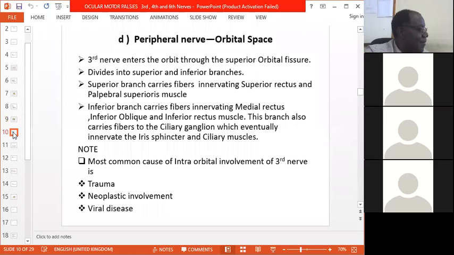Crossing each other. Some are not crossed, some are crossed. No, crossed or not crossed is not at this level. It's from the spinal cord where they are originating.